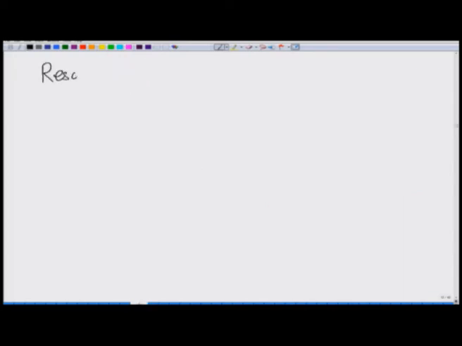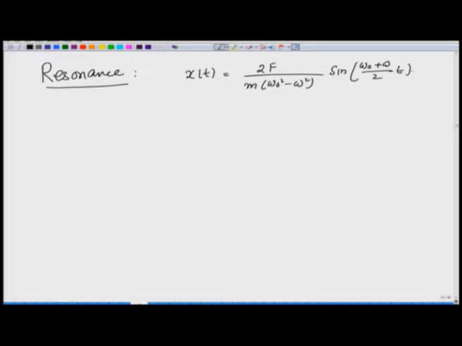Let me make you understand the phenomenon of resonance. This will arrive from here. X t is given to be 2f over m times omega 0 square minus omega square, times sine of omega 0 plus omega over 2 t, times sine of omega 0 minus omega over 2 t.